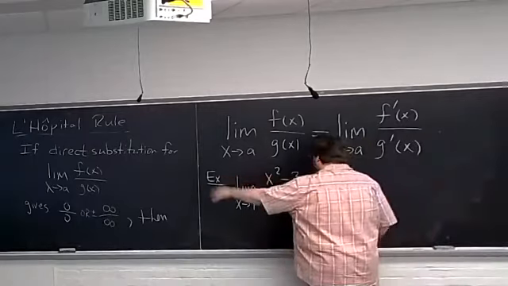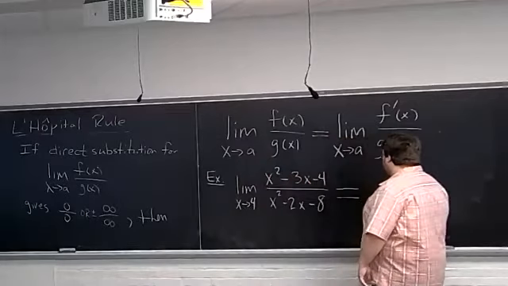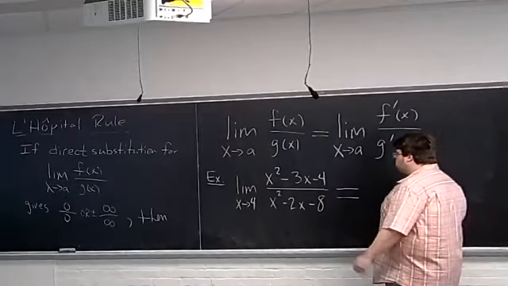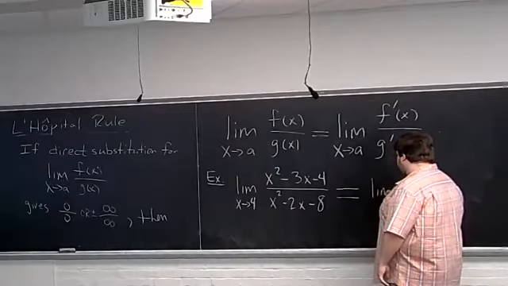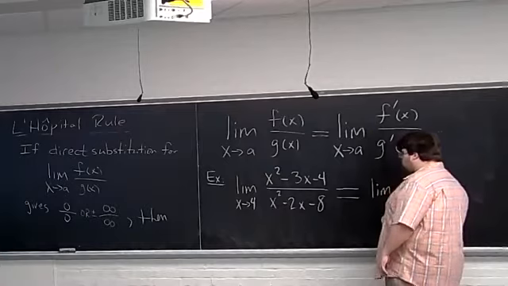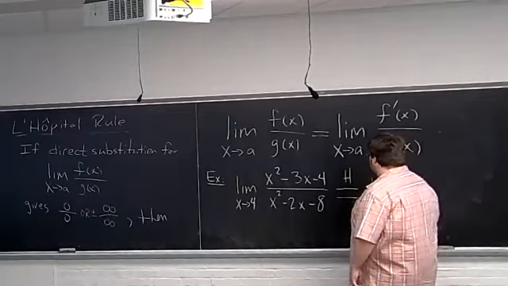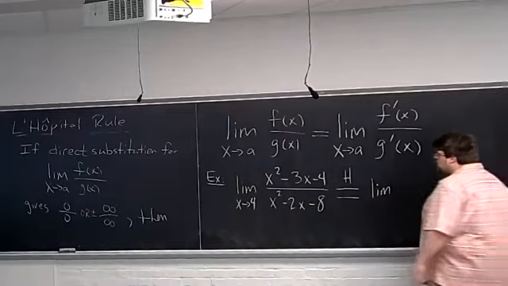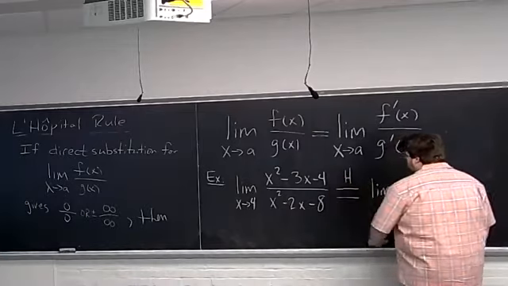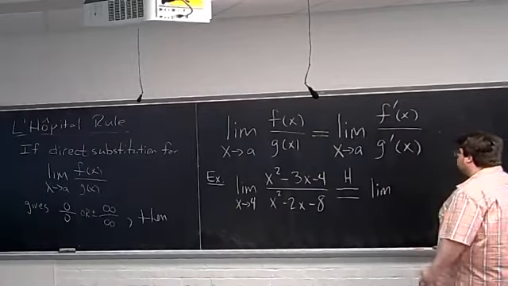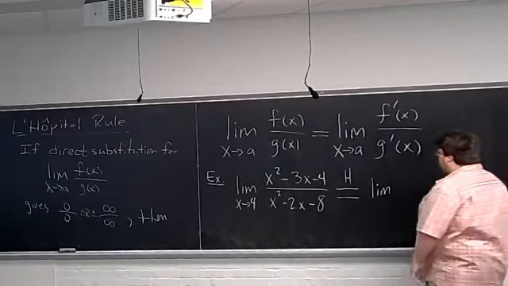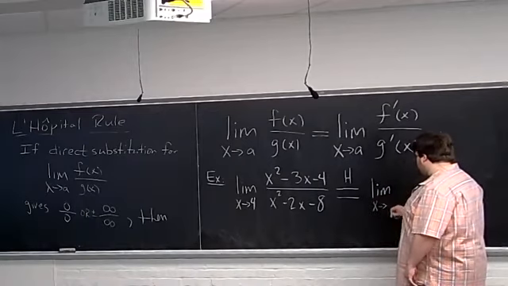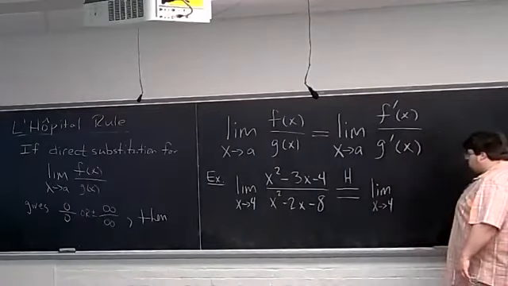L'Hopital's rule says we can compute this limit by using this formula. When we use L'Hopital's rule, I always like to mark the equal sign, and I request that you mark the equal signs as well, just to make it absolutely clear to the grader what's going on.